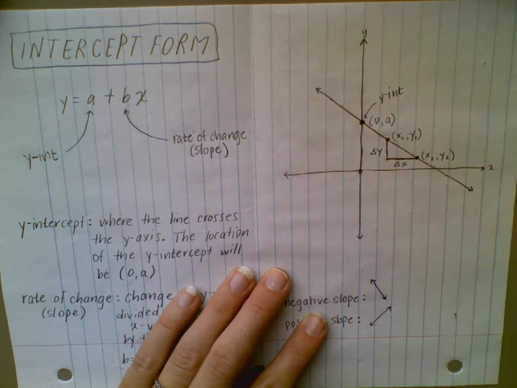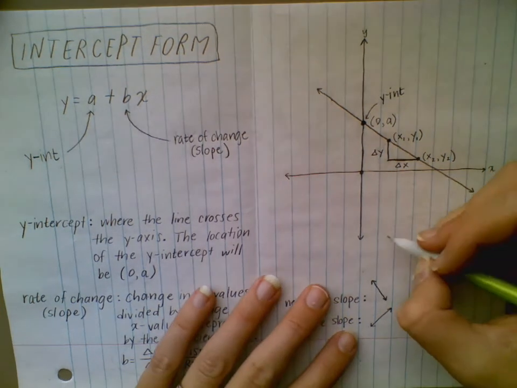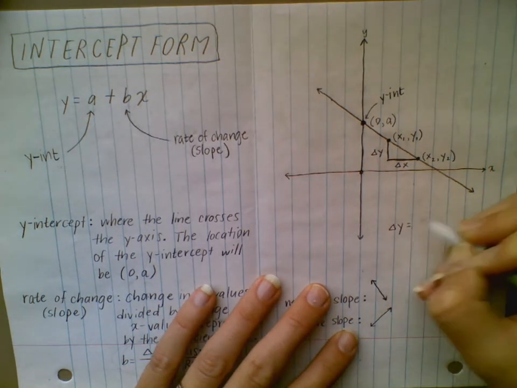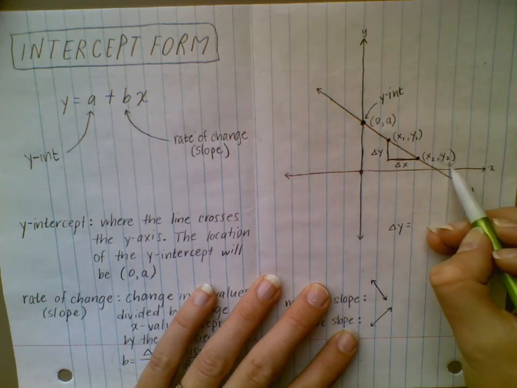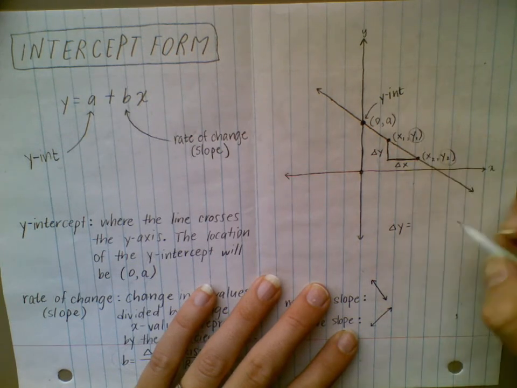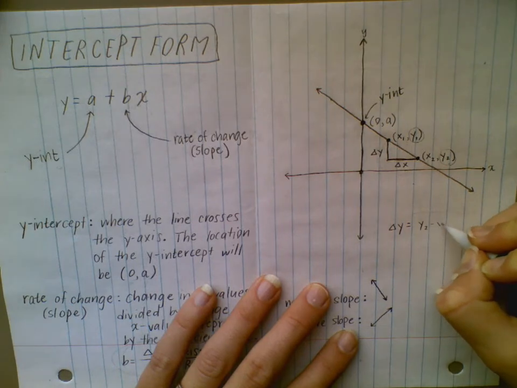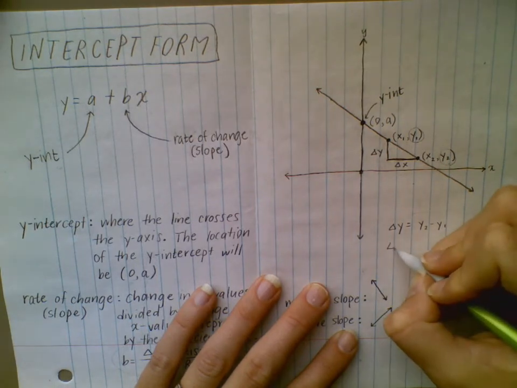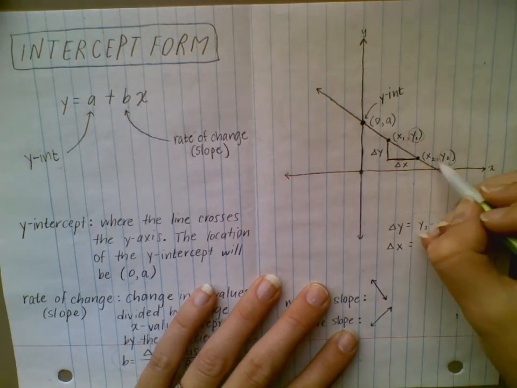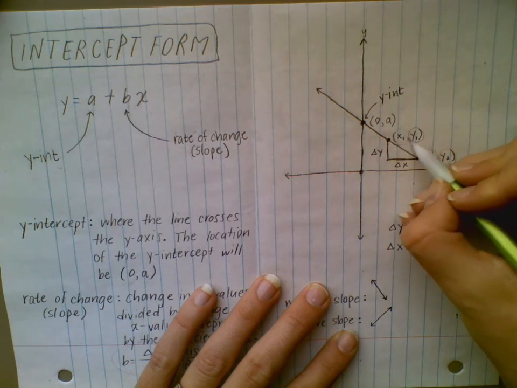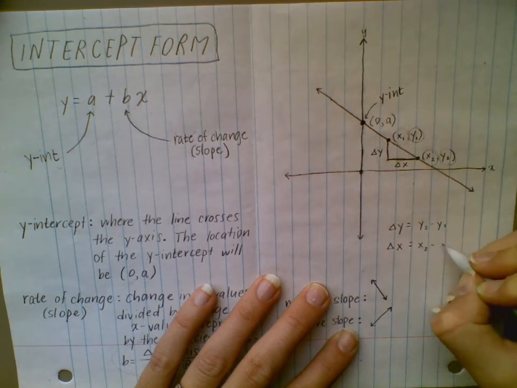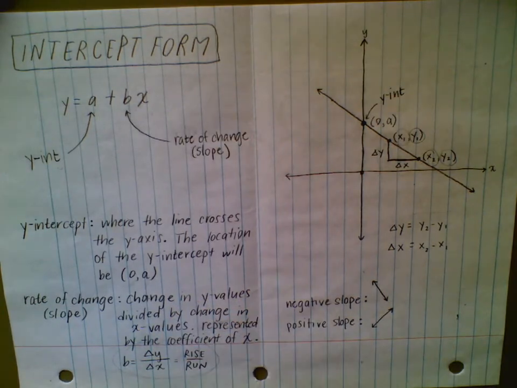So the change in y is going to equal this number minus this number, so y2 minus y1. And the change in x equals this number minus this number, x2 minus x1. We'll take a look more at that with more specific examples.